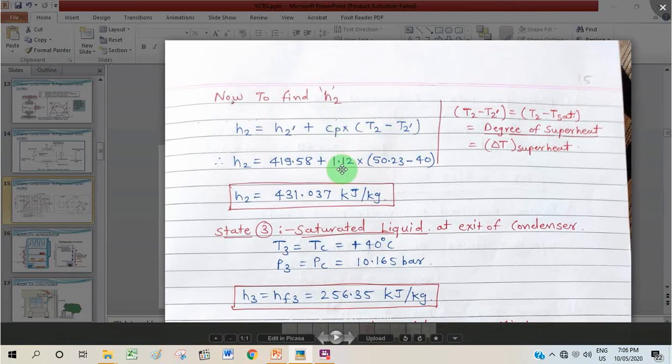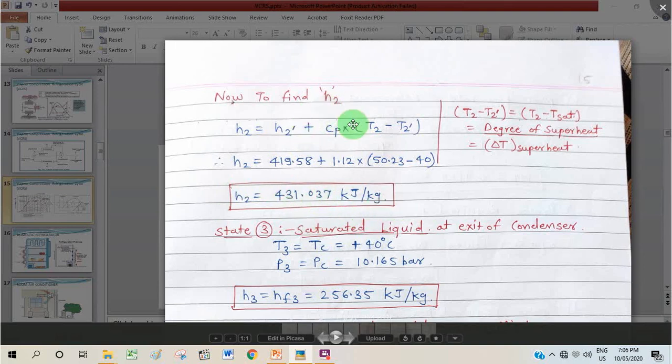Cp we have taken from the table. T2 minus T2 dash is the degree of superheat. This is known as degree of superheat, that is, the temperature rise above the saturation temperature is always a superheat. By putting the values like this, we obtain enthalpy H2 as 431.037 kilojoule per kg.